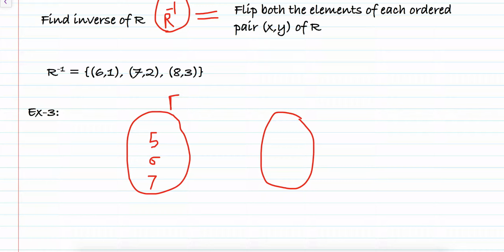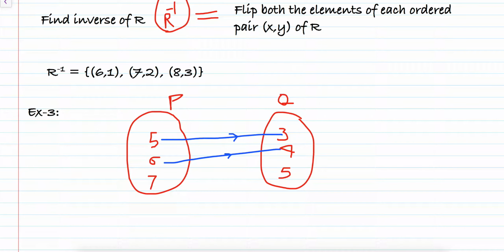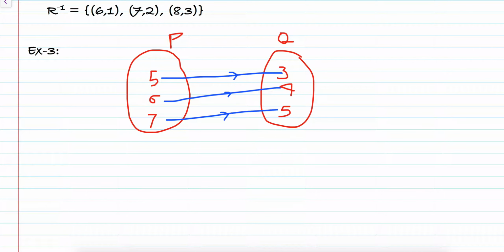So this is, let's say, P, and this is Q, and here we have elements 3, 4 and 5. Five is mapped to 3, 6 is mapped to 4 and 7 is mapped to 5. So this we are given.